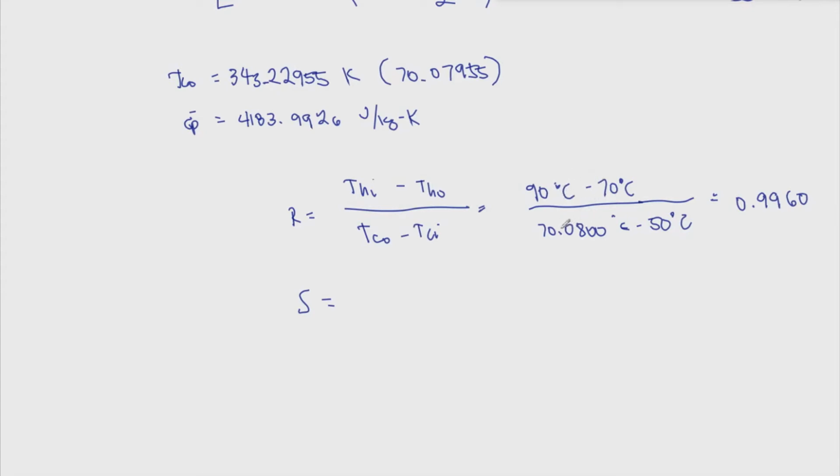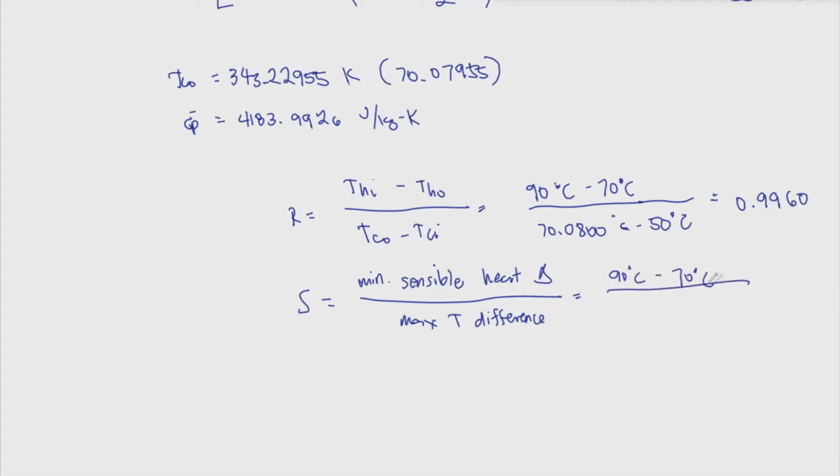For this one, it's just 70.08, so it gives us around 20.08. So let's just use the minimum sensible heat change, and then for this one we get the maximum T difference. In this case we have 90 degrees Celsius minus 70 degrees Celsius.